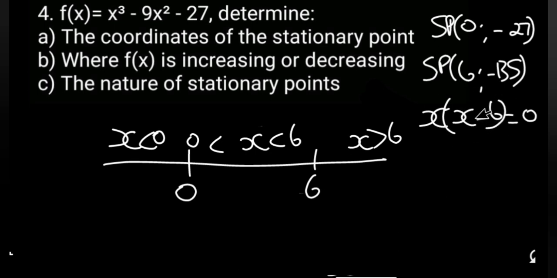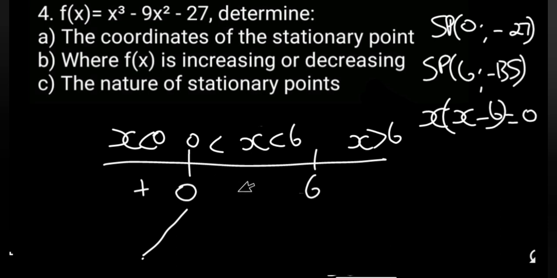So we need to substitute a value smaller than 0 in this version. If you substitute negative 1, it's going to be negative times negative 1 minus 6, and you're going to get a positive value. That means our function is increasing on the left of the stationary point.